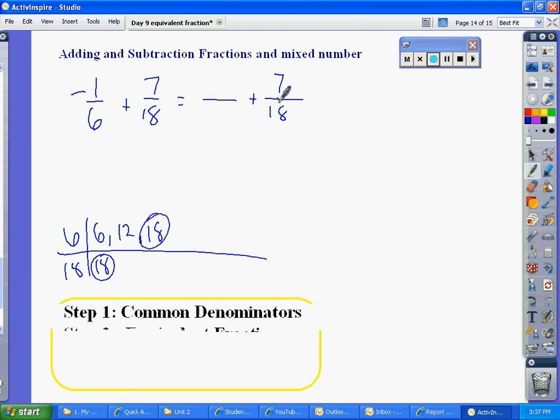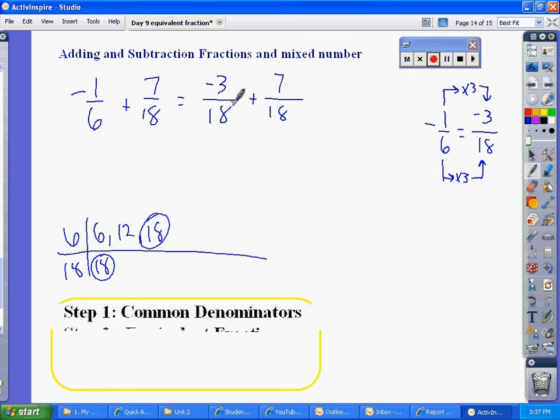All right, so let's make an equivalent fraction for -1/6. -1/6 is how many 18ths? Multiply 6 times 3 to get 18, and we multiply -1 times 3 to get -3. We have -3 over 18.